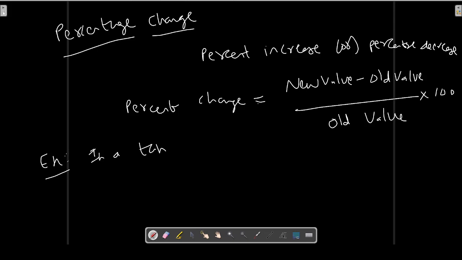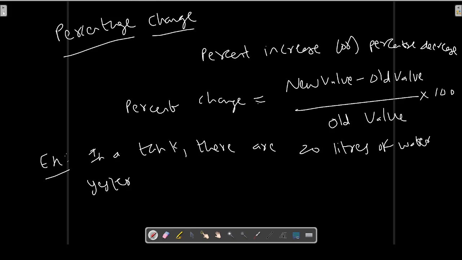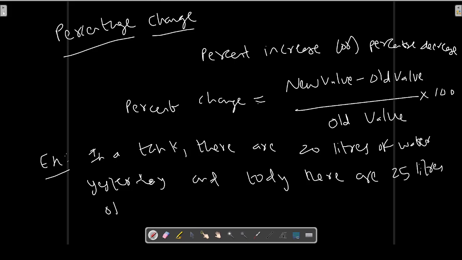For example, let's take that in a tank there are 20 liters of water yesterday, and today there are 25 liters of water.